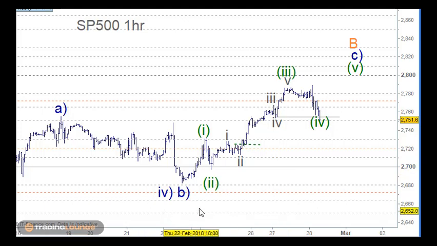Just in this leg from the 23rd moving up through here, it does count as an unfinished impulse wave: wave 1 here and wave 2 here, then 1 and 2 here, and then the third wave is 1, 2, 3, 4 and 5 waves up to this point, and then wave 4 and then wave 5 here.